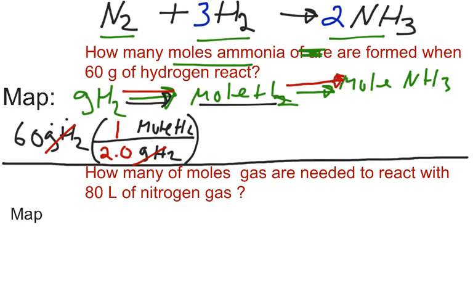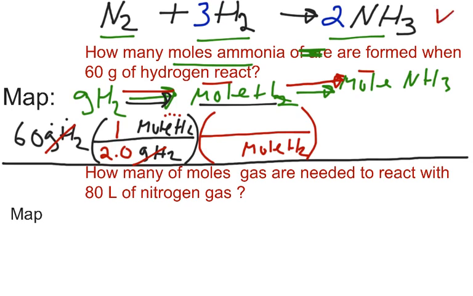So we don't panic. We set up another conversion factor. All right? We have moles of hydrogen in the top right here. So we want to get rid of that. We're going to put moles of the same thing, moles of hydrogen in the bottom. We remember we're doing a mole to mole conversion. So we say to ourselves, we need a balanced equation. We have a balanced equation.